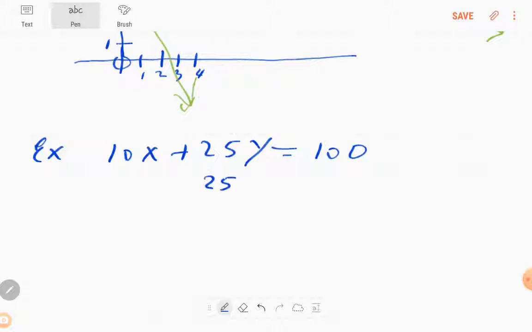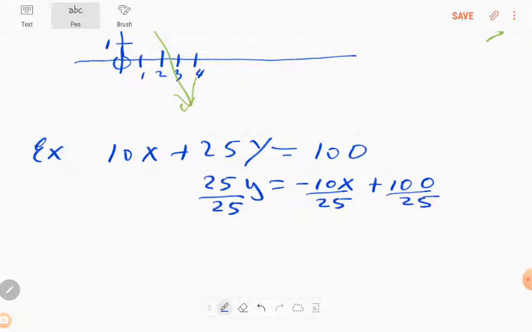We'll have 25y is equal to minus 10x plus 100. Now to solve for y, we divide each term individually by 25. So we get y equals minus 2 over 5 x plus 4.